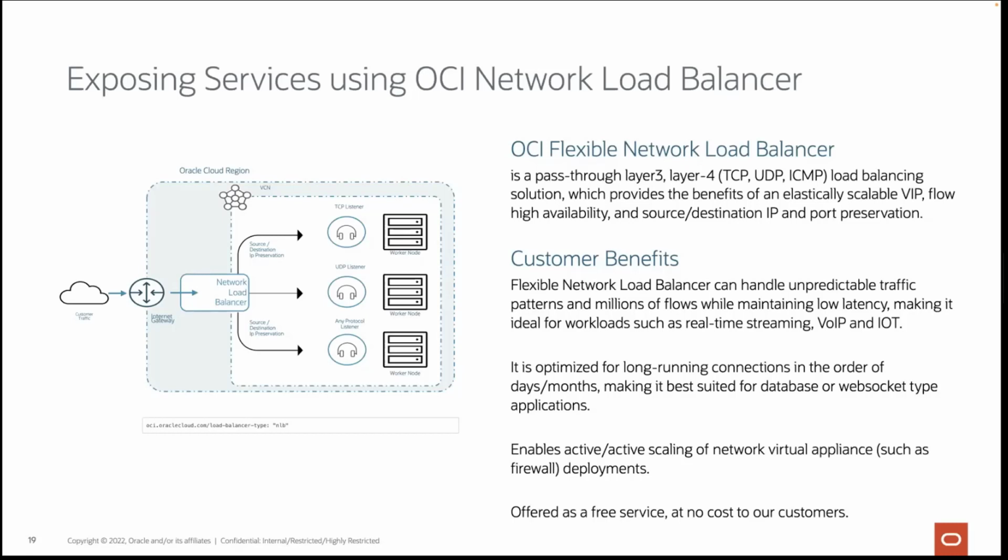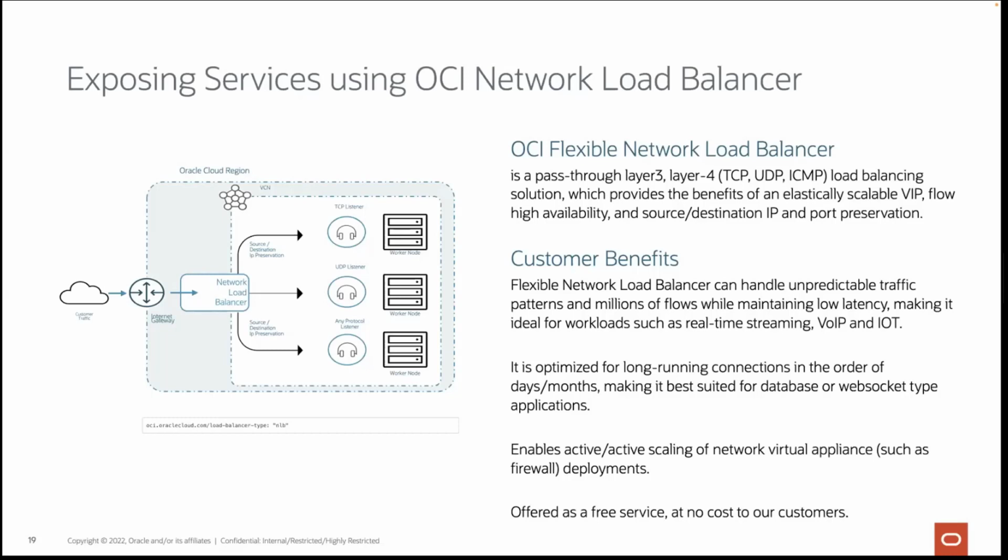And our network load balancer also offers an elastically scalable regional virtual IP address that can scale up or down based on the traffic coming in. And there is no minimum or maximum bandwidth configuration requirement for the network load balancer. So our network load balancer also provides the benefits of flow high availability.